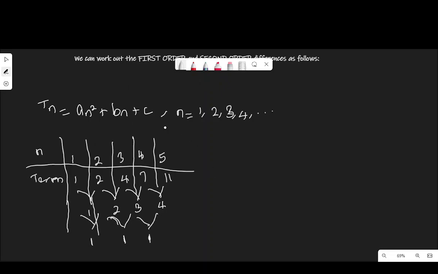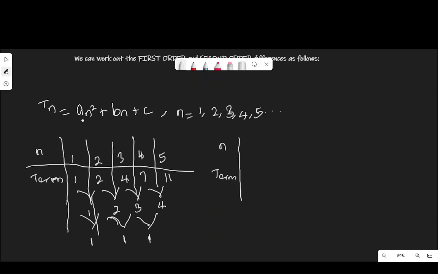So now putting n equal to 1, 2, 3, 4. Let me add one more since I have up to 5 terms in the sequence. If I put n equal to 1, 2, 3, 4, and 5 into this very formula here, I will get another table like this. So n and then term.